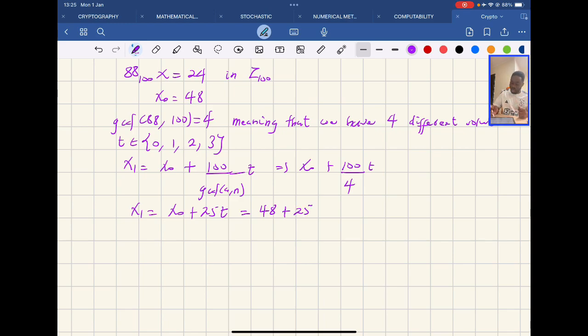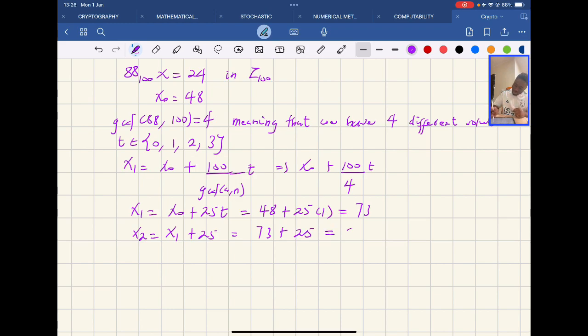Now when t is equal to 1, we are going to get 73 over here. So this is our x1. Now x2 will be equal to x1 plus 25, and this is equal to 73 plus 25, right?